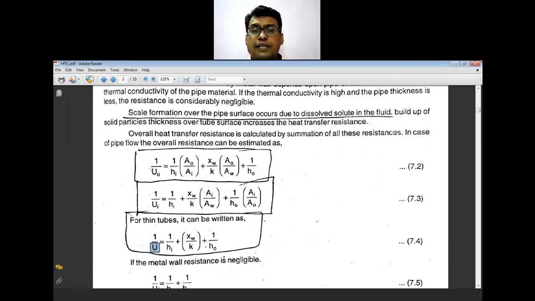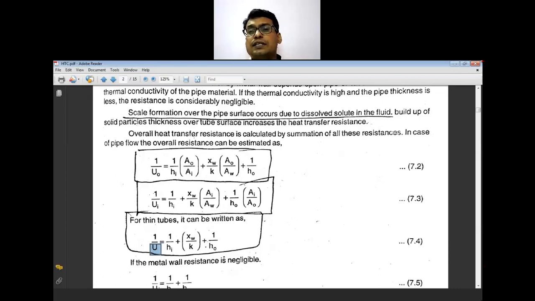This is the heat transfer coefficient based on the outside surface area, the heat transfer coefficient based on the inside surface area, and U is the overall heat transfer coefficient. So three different categories are incorporated for the overall heat transfer coefficient.